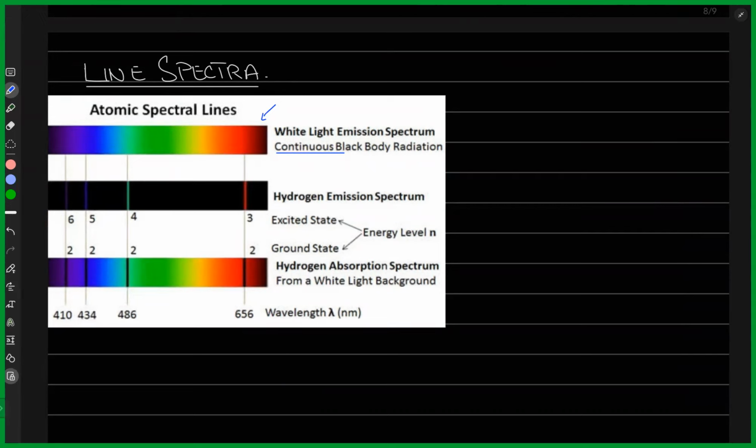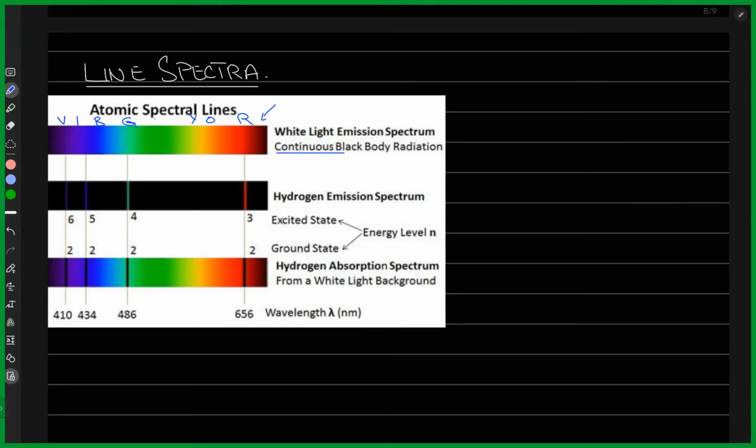So whenever you have white light and you pass it through some medium that is going to diffract that light, what you will get is V, I, B, G, Y, O, and R, right? These different wavelengths correspond to different colors.